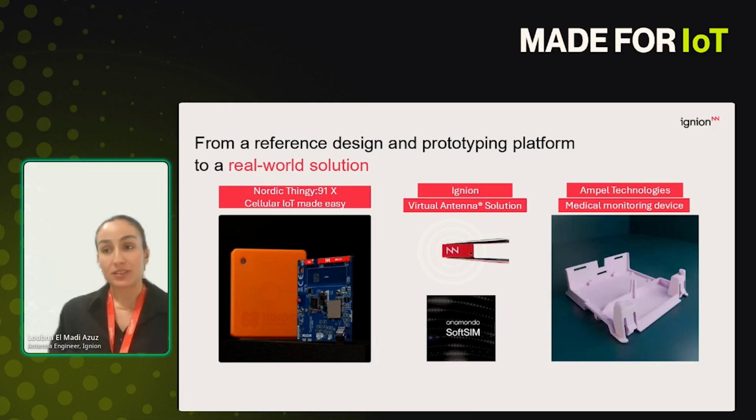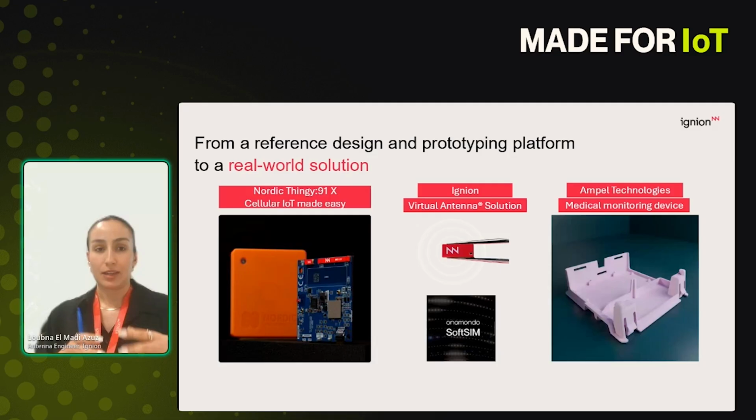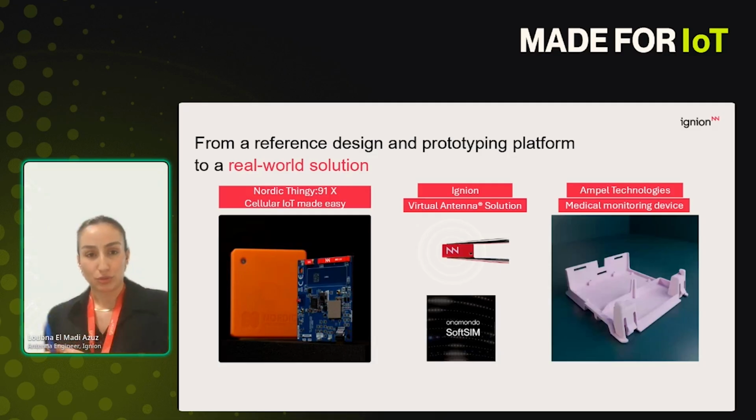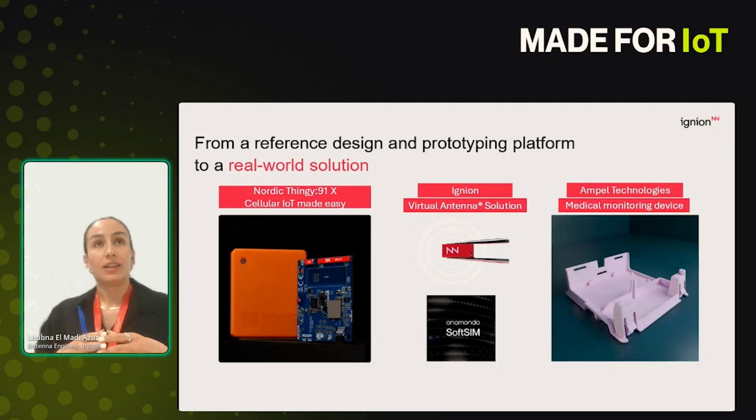So from an antenna perspective, one of the main challenges is integrating multiple radios into a small form factor PCB like the Thingy 91X. The key point here is that Ignion antennas are non-resonant technology. For those that are not familiar with the non-resonant concept, what it means is we don't have dedicated antennas for covering dedicated protocols. The same antenna can cover different protocols.